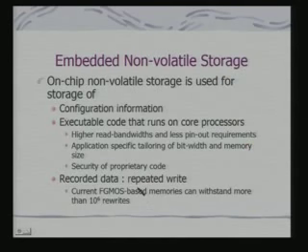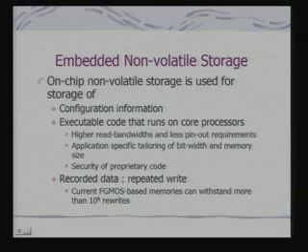And where are these embedded non-volatile storage used in embedded system? Obviously, they are used for storing configuration information. Also the executable code that runs on these processors are in most cases stored on this non-volatile memory area. Now this gives you higher read bandwidths and less pinout requirements. Why? Because you do not need an external memory.